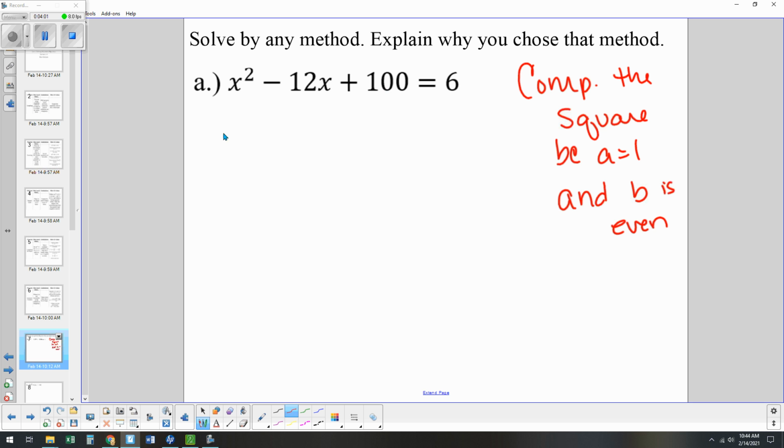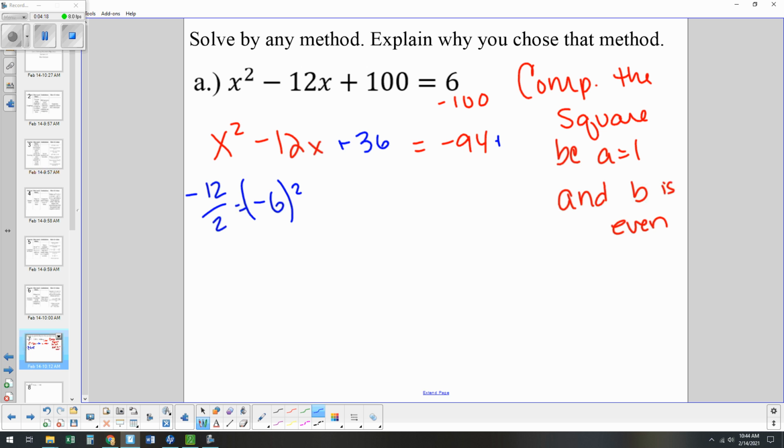That means I'm going to move the 100 over first. If you recall, we take half of negative 12 and square it. So that's going to be plus 36 on both sides. Now we have x squared minus 12x plus 36 equals negative 58.